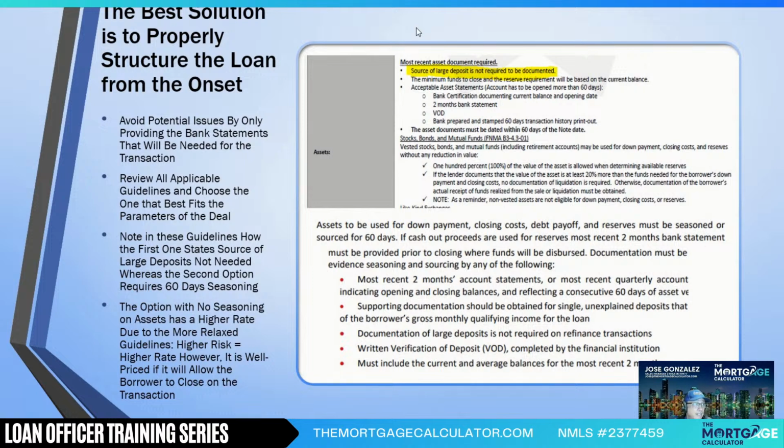So obviously, the option with no seasoning on assets has a higher rate due to the more relaxed guidelines. That's why we may miss this as an option initially until we realize the issues that our loan has, because higher risk equals a higher rate, right?